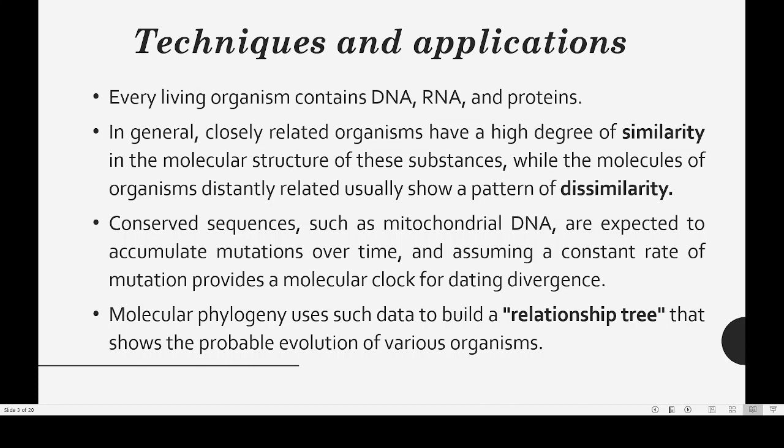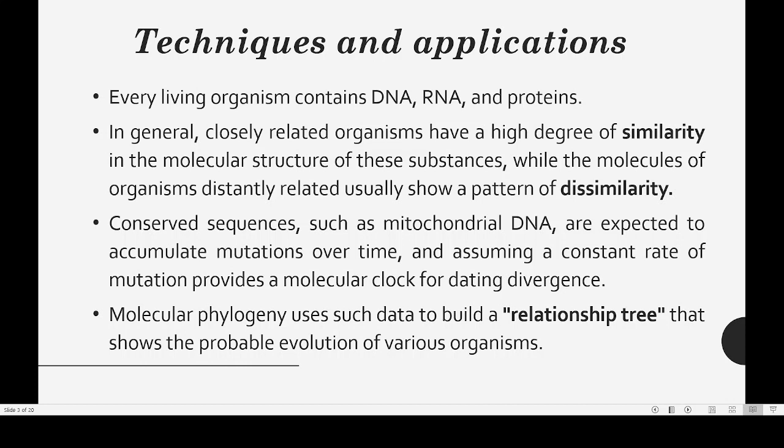That means if you take the mitochondrial DNA of a chimpanzee and the mitochondrial DNA of Homo sapiens or human beings, we may not see so much difference between these. They show a high degree of uniqueness. Without much change, they keep on going generation after generation.